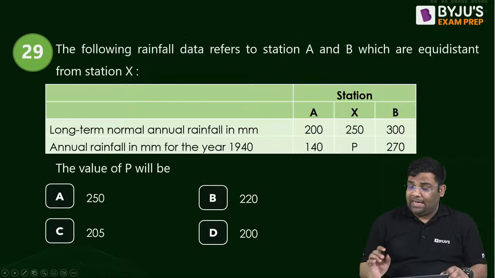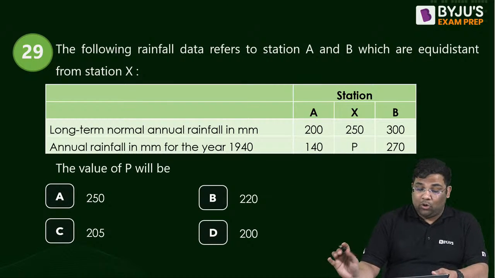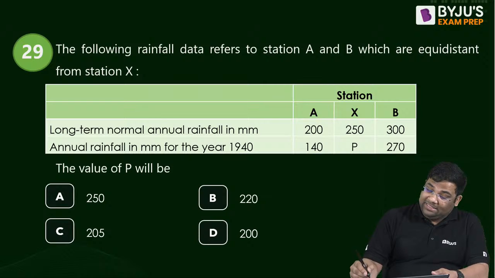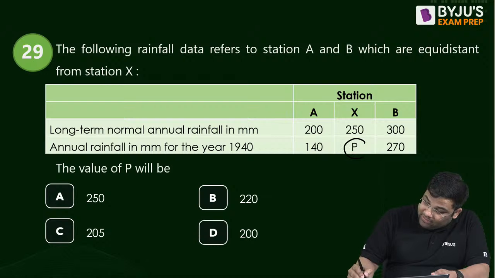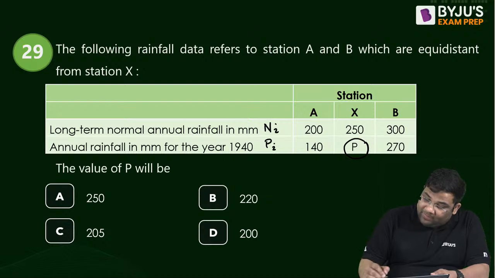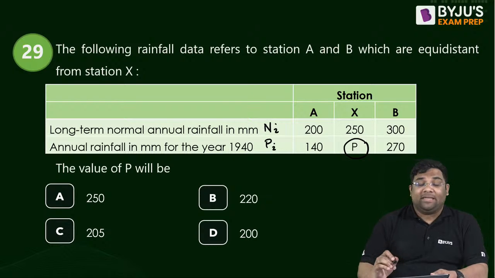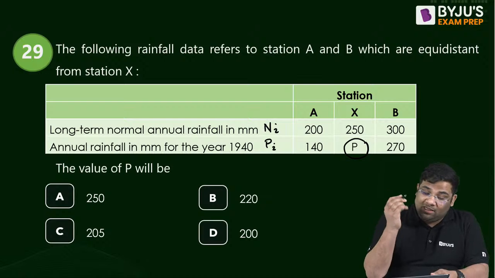Next question. So your normal ratio method, right? Missing data. You have to find out the missing data. The normal rainfall data are given, these are the N values, and these are the actual precipitations, right? So what was the formula to find the missing one?